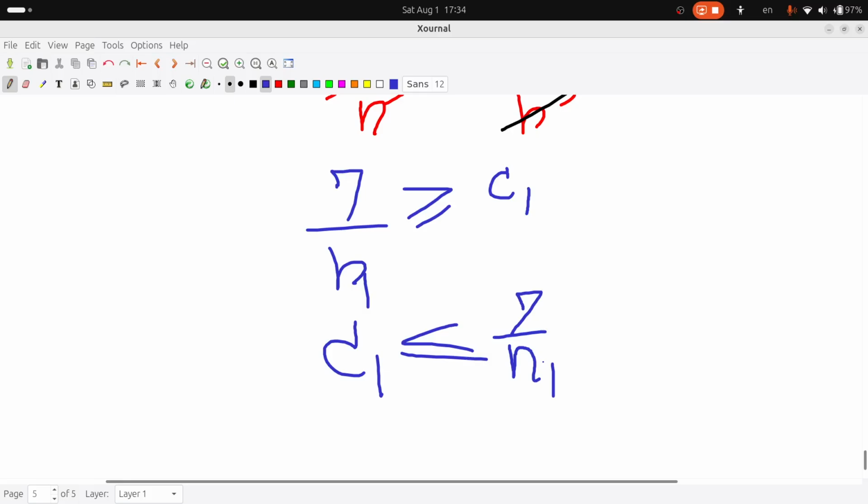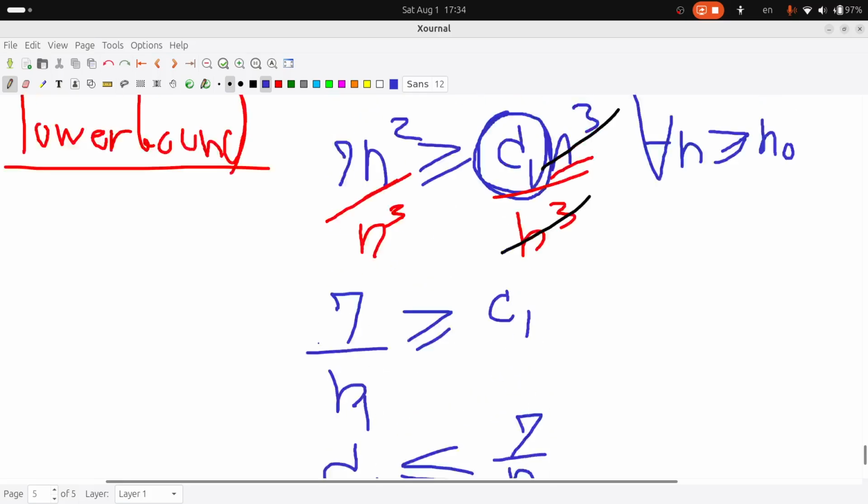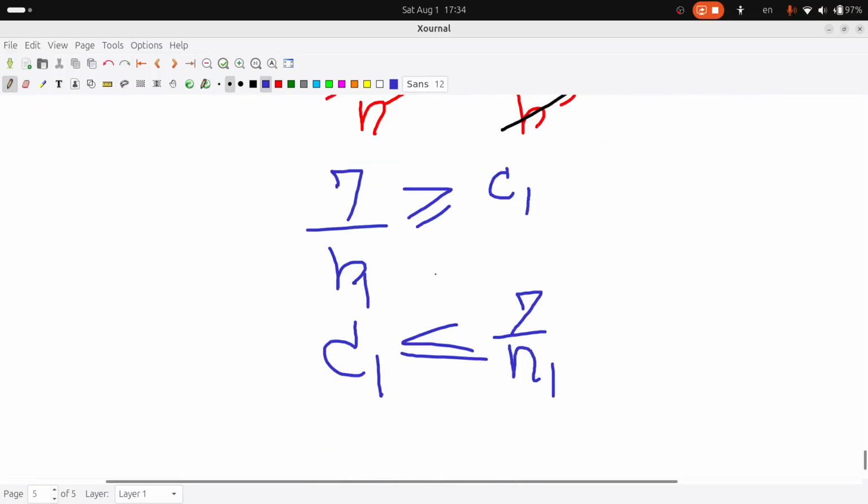And how can we contradict this inequality? Imagine that n is so much larger, n is more than 1 trillion. Then 7 divided by some large number goes nearly to 0, right? With a large enough n, the right side goes to 0.